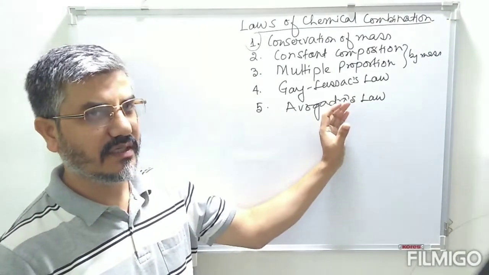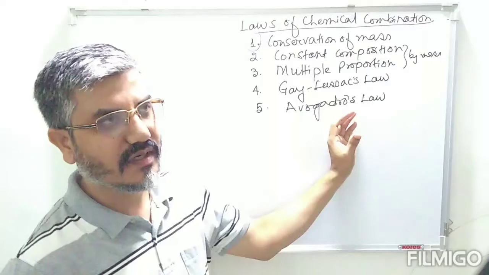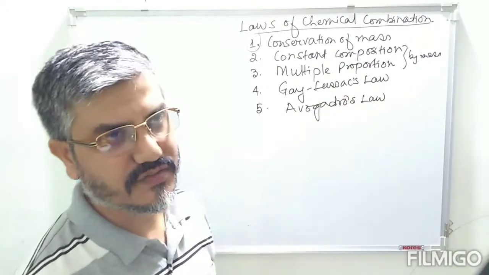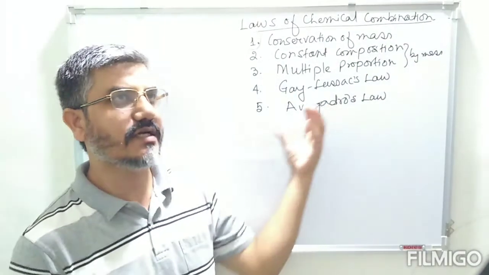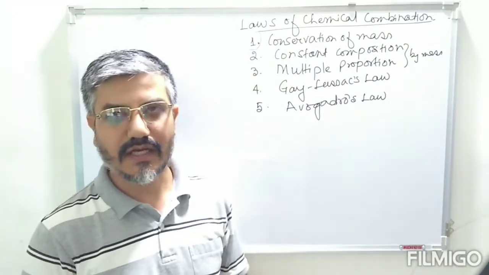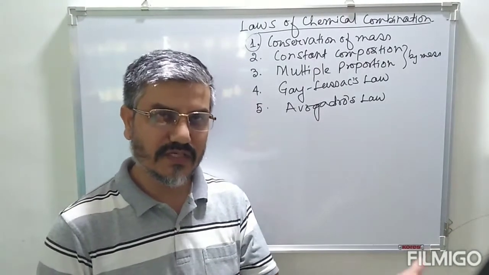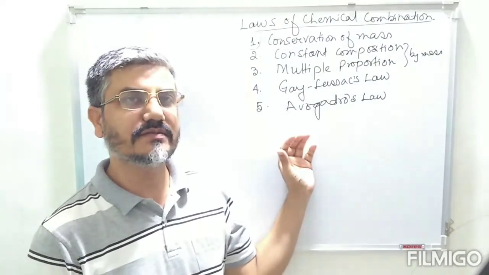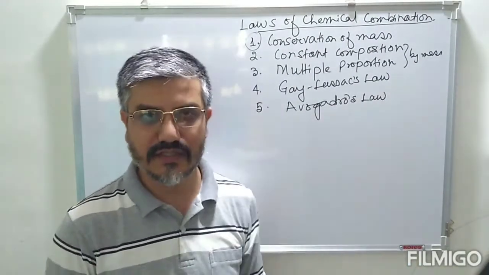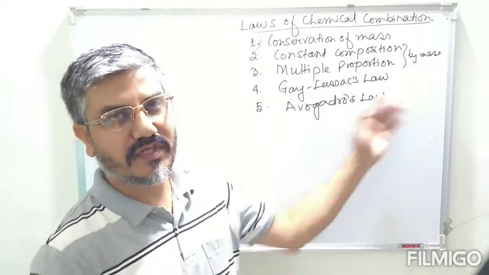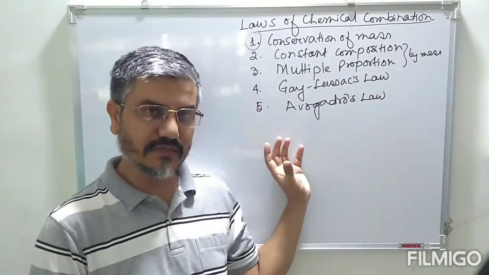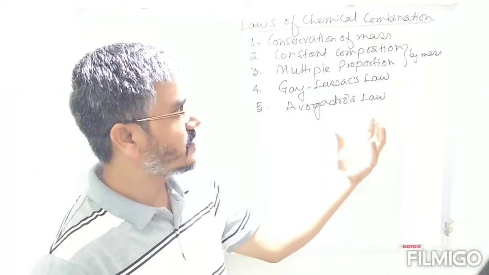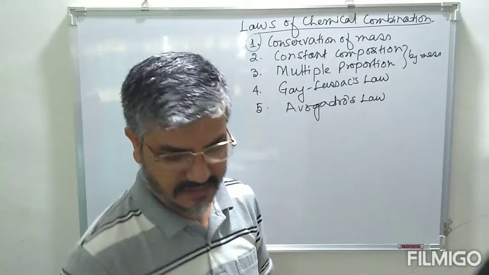That means in any given chemical reaction, the mass before the reaction and the mass after the reaction has to be exactly identical. If we start a chemical reaction with 10 gram, then after the reaction, the total mass of the product formed has to be 10 gram. It cannot be 10.05 gram or 9.05 gram. Starting with 10 gram, the mass after the reaction has to be 10 gram. This is what we call the law of conservation of mass.